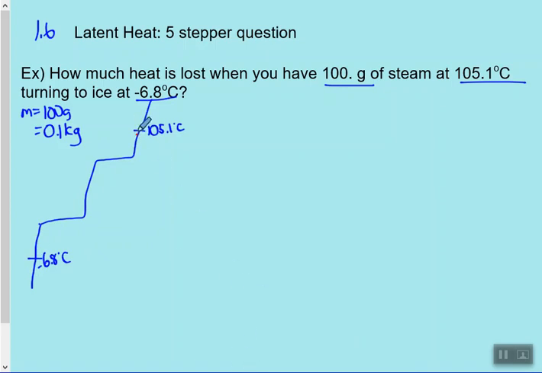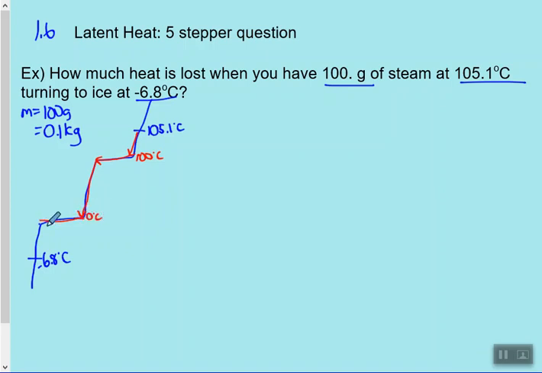So here I'm going to be going down here. So to turn my steam down to 100 degrees Celsius, where it will start to turn into water. So it will condense into water. And then down here, I'm turning my water at 100 degrees Celsius to water at 0 degrees Celsius.